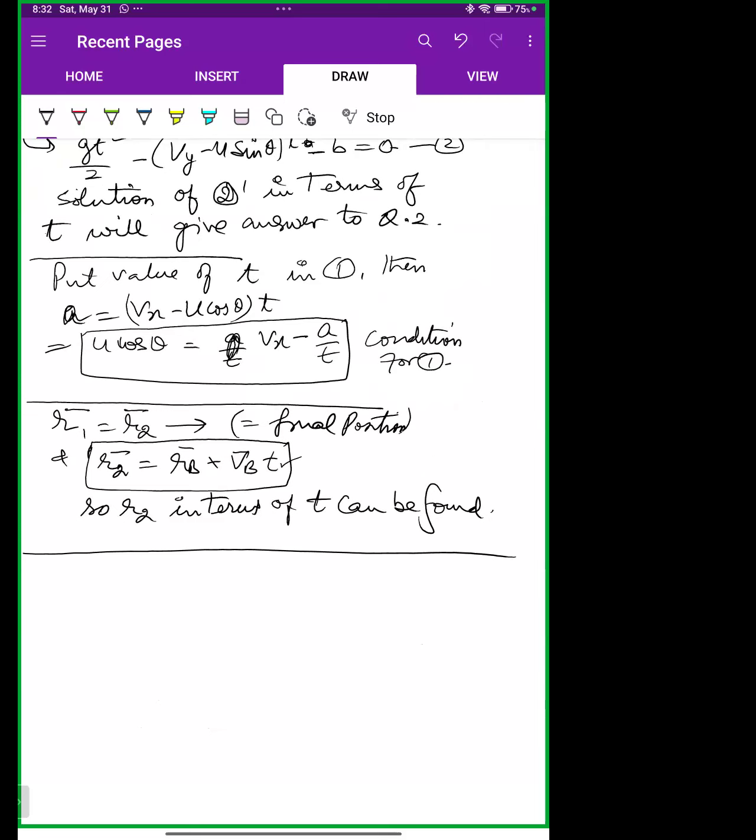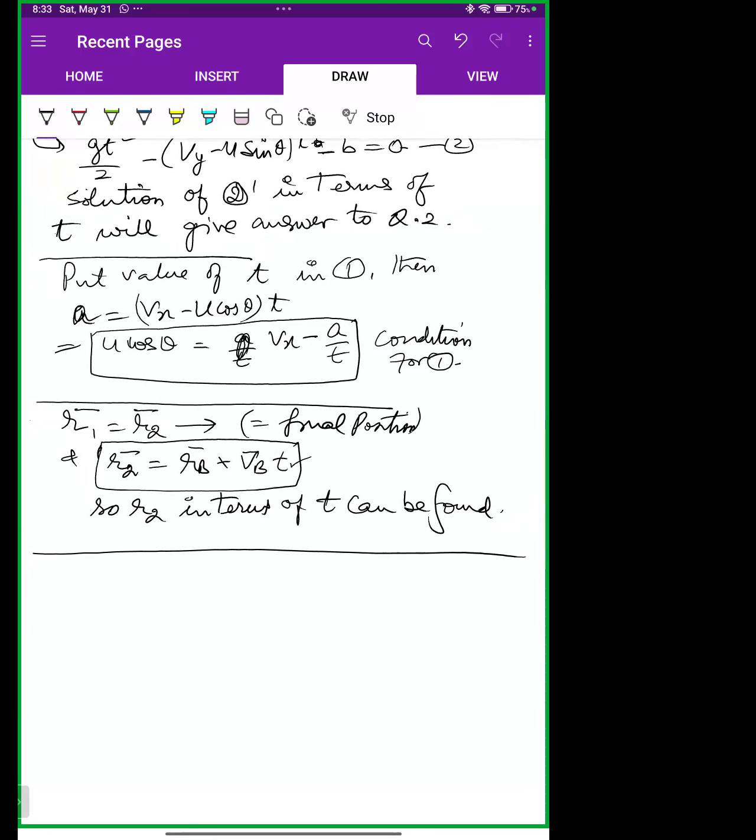Another question which has come to me, I'm writing that question here. Question number 1. This seems to be a more than one correct option question.